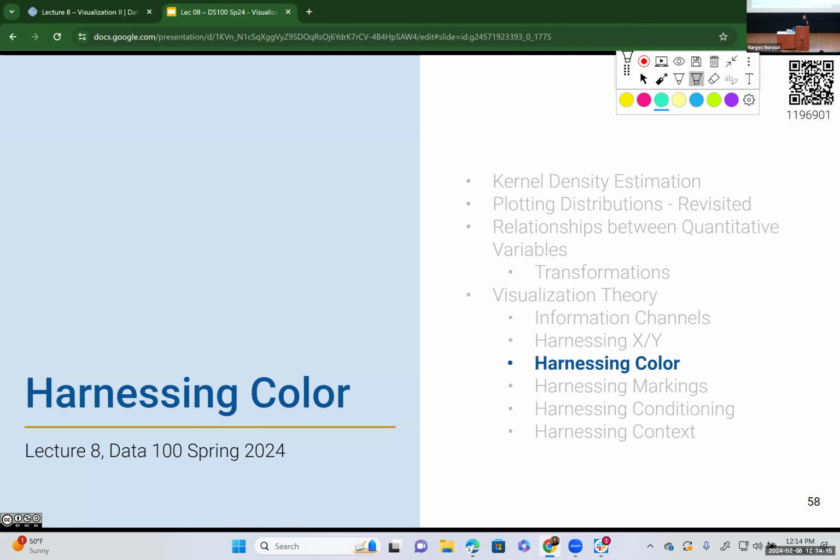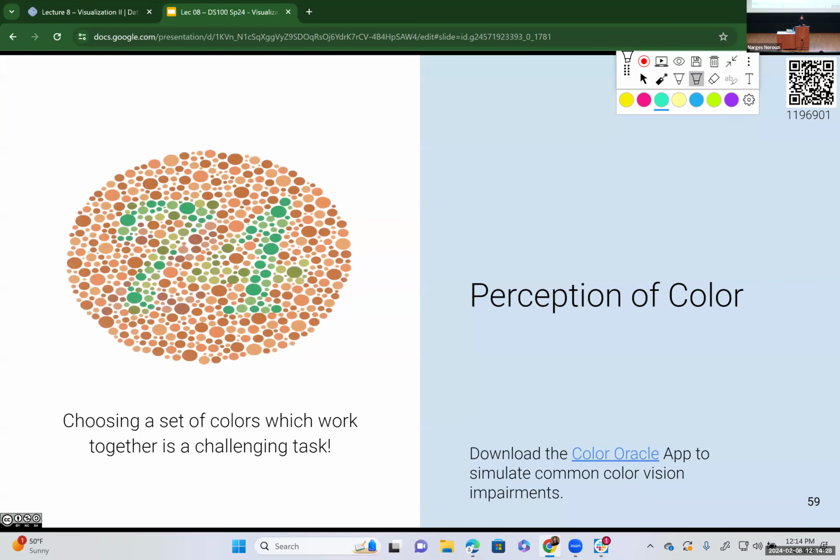One more consideration is the color channel. Remember that in the plot that I showed you, there were 4 information channels. There was x and y, there was color, and there was area. So now let's see how we can encode the color in our visualization. So this is a visualization where, if you don't have any color blindness condition, you would be able to read the number 74 in the center of this circle.